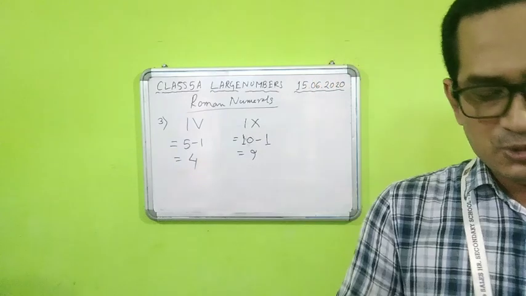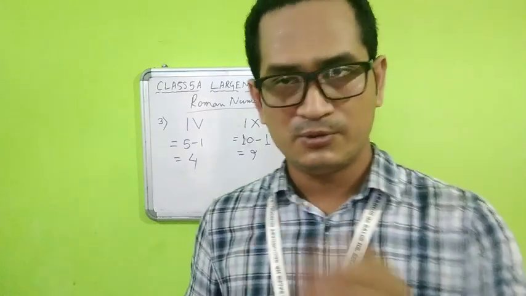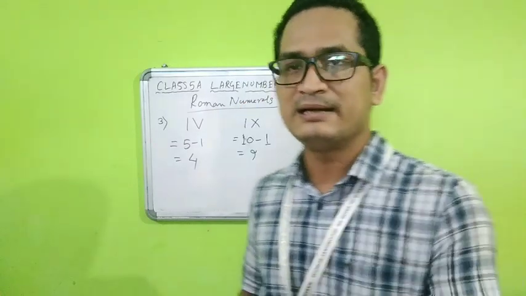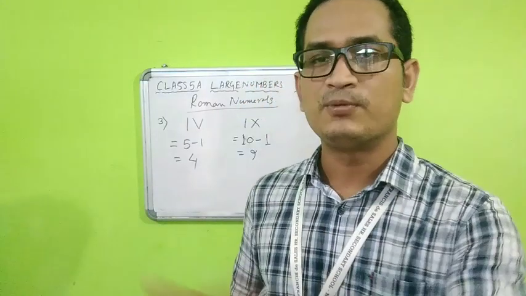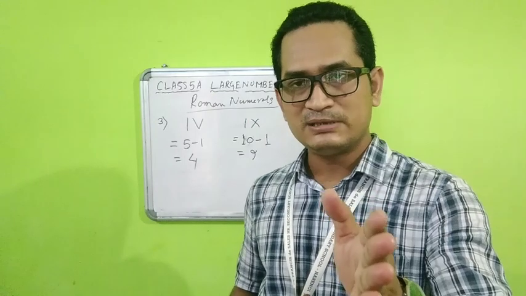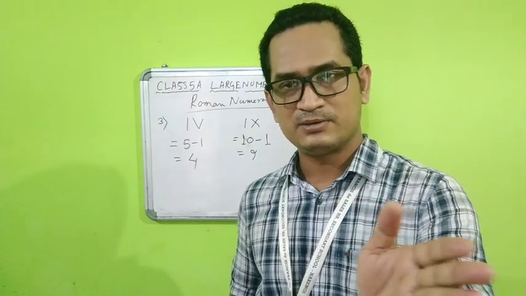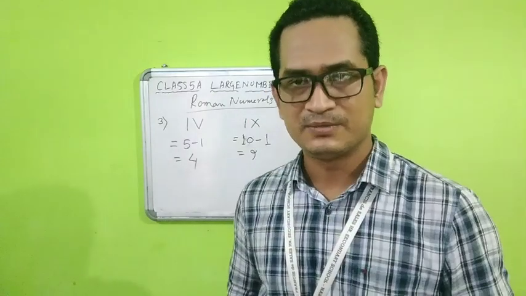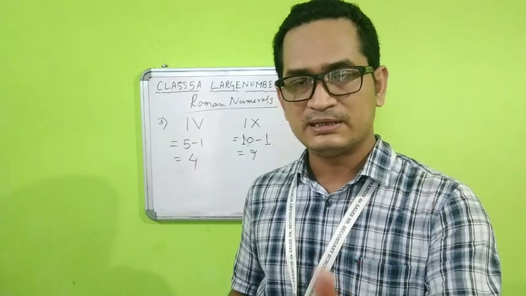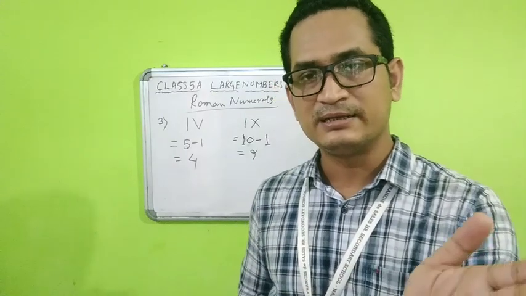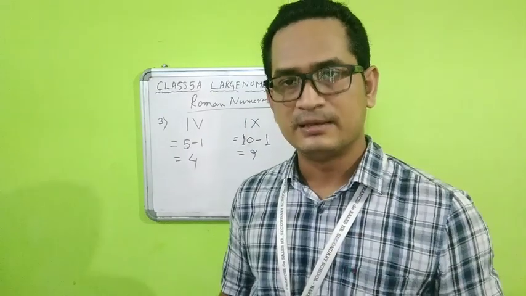So these are the two rules. If you remember the second rule, the third rule you can easily understand. Why? Because it is the opposite of it. The second rule says the greater value on the left, smaller value on the right, then you add. The third rule says the smaller one is on the left, greater one is on the right, then you subtract.